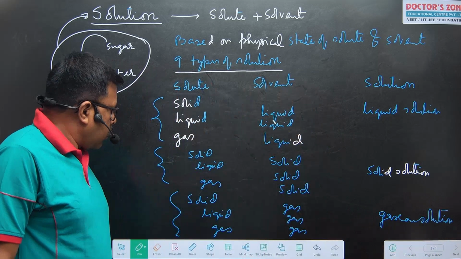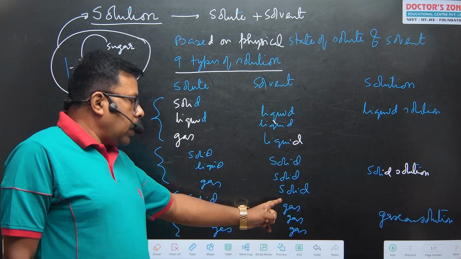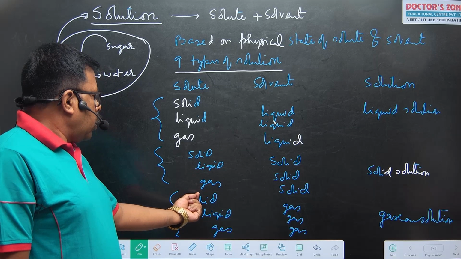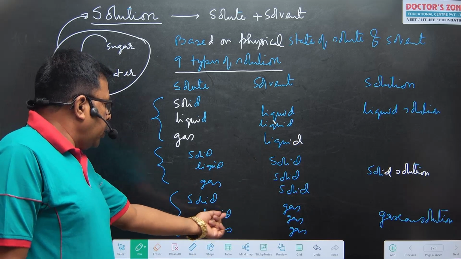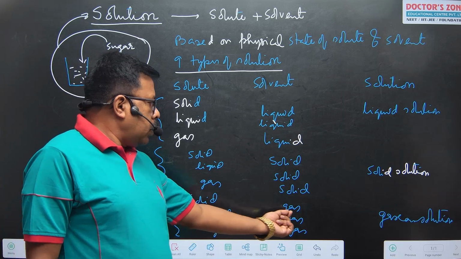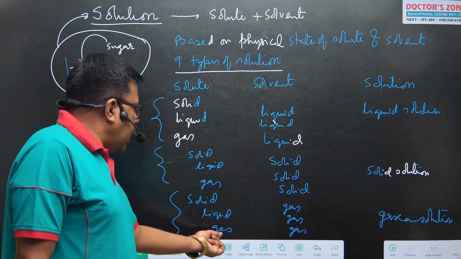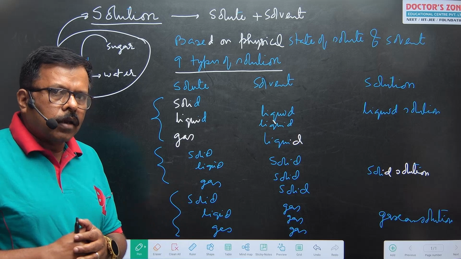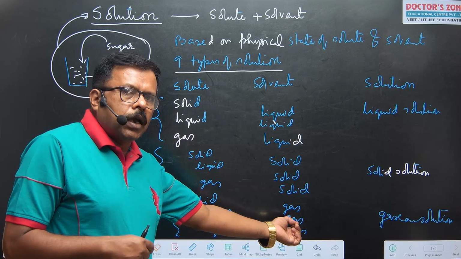Example of solid in gas: camphor in nitrogen gas. Liquid in gas: water vapor in air. Example of gas in gas: one very good example is air, in which some gas is present with some other gases.